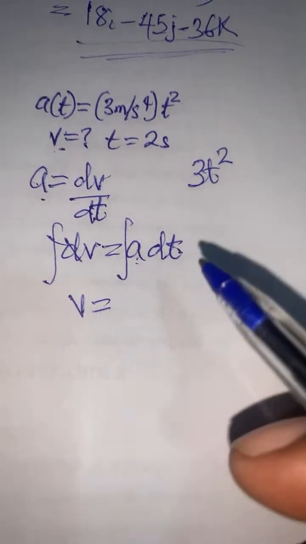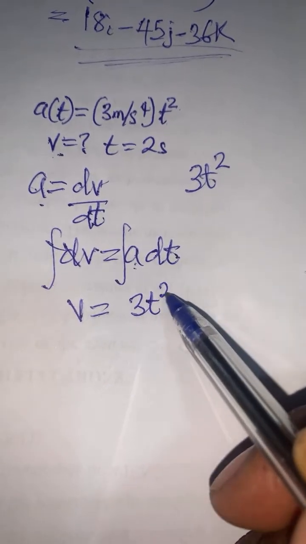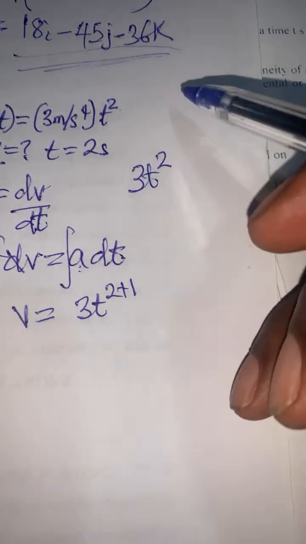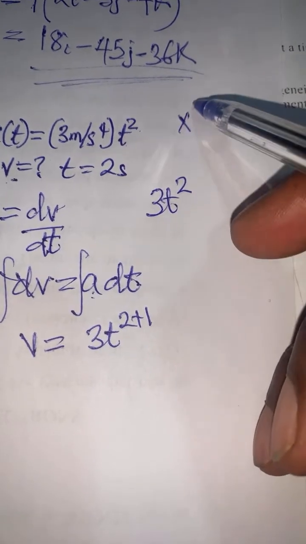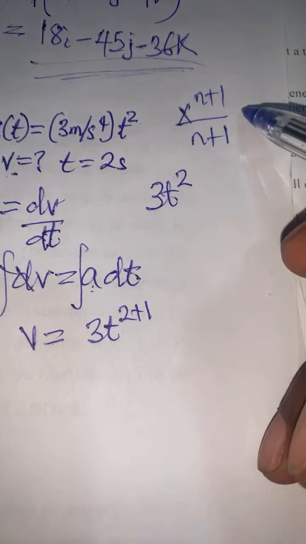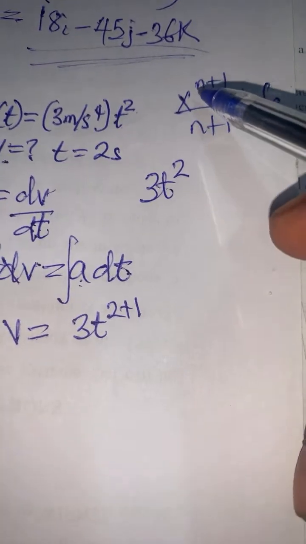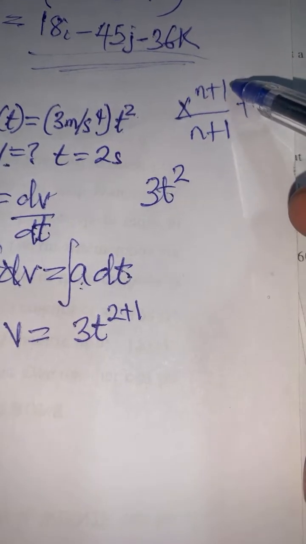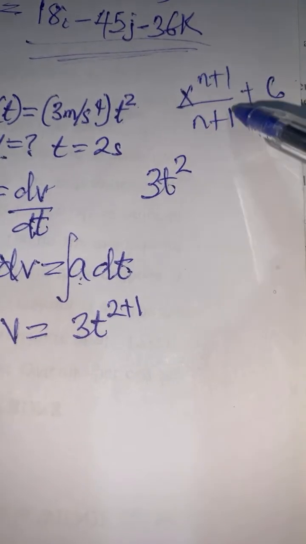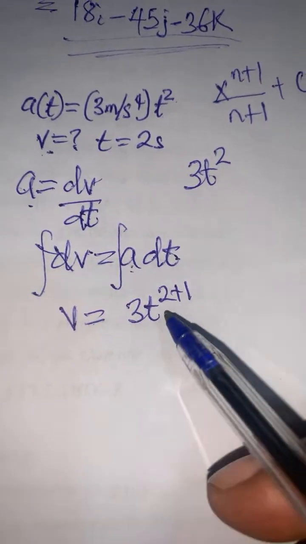On integrating, I will have 3t to the power of 2 plus 1. Keep in mind that the formula for integration is x to the power of n plus 1, all over n plus 1, plus constant c. So any power you have, you add 1 to it, and you also divide by the new power.